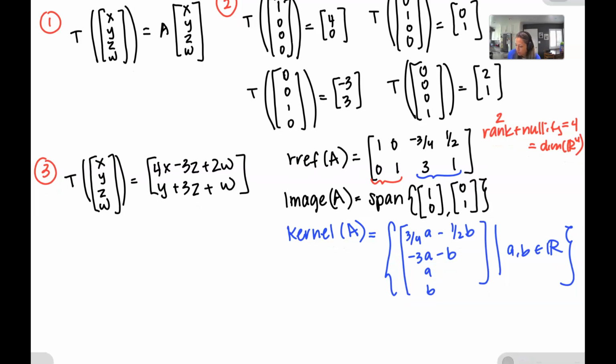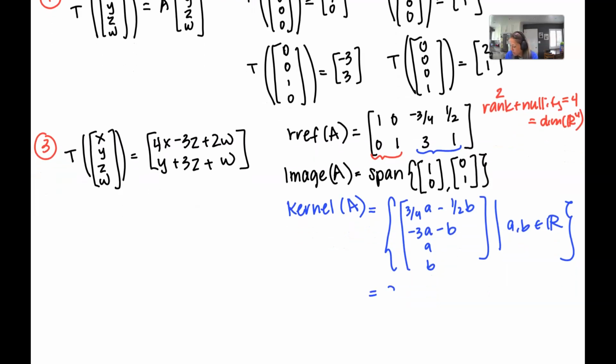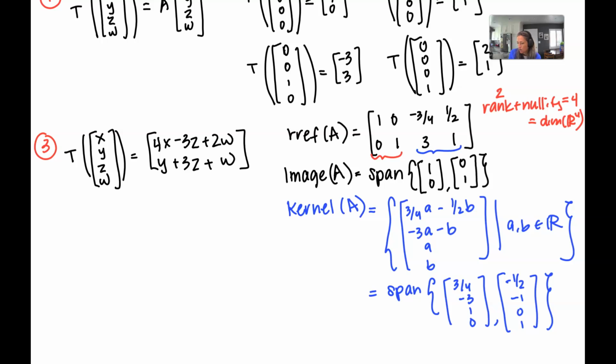So again, if we wanted to, we could also write this as a span because we have all these different ways that we can write our spaces. So I could write down the 2 corresponding vectors for our A and our B. We have those linear combinations all in here. Cute. All right, so we can see the nullity of this is also 2, the rank of our kernel.